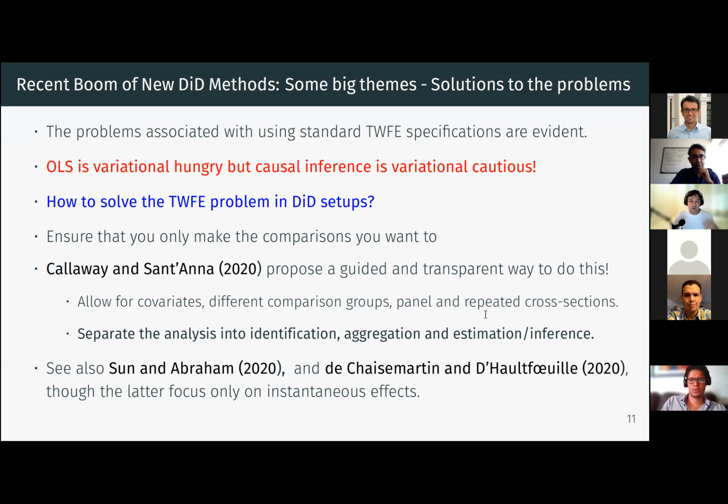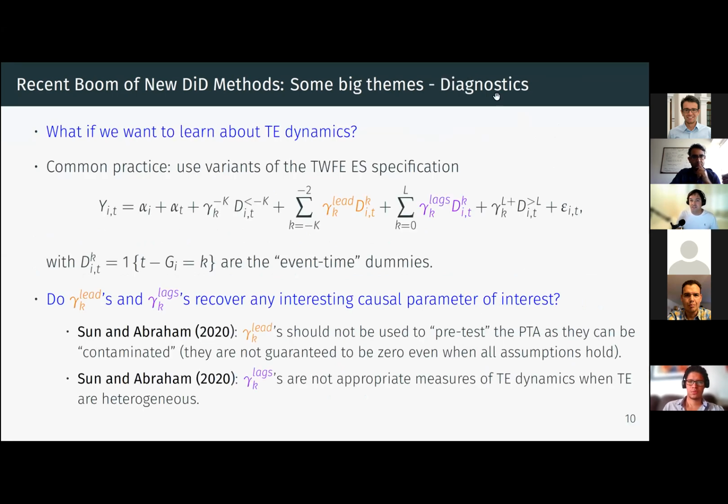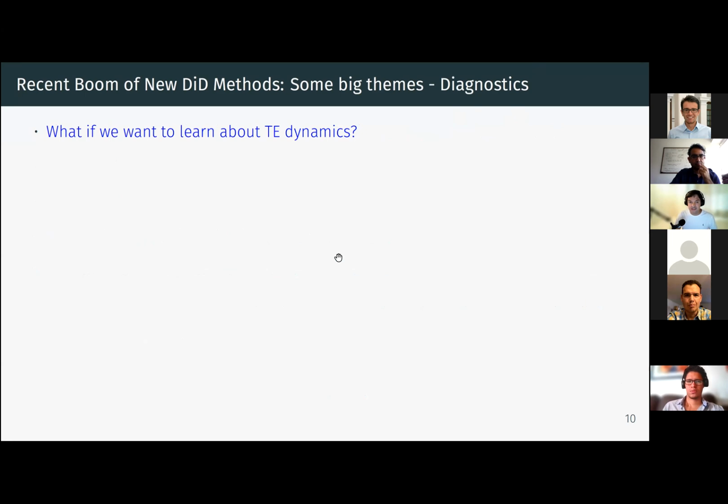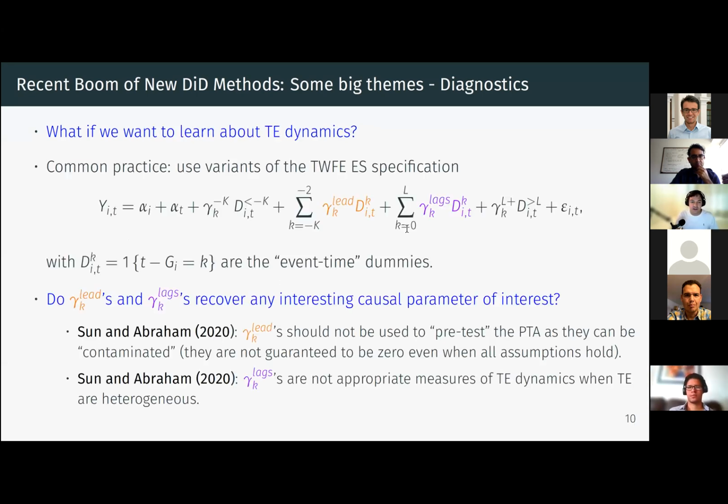Good. So that's the way I see this literature. I like to split these papers into two categories: diagnostics and solutions. Diagnostics is like taking toys away, right? Or pointing fingers. And many papers are doing that, right? So this whole building block here is doing that, taking toys away, criticizing this specification, right?